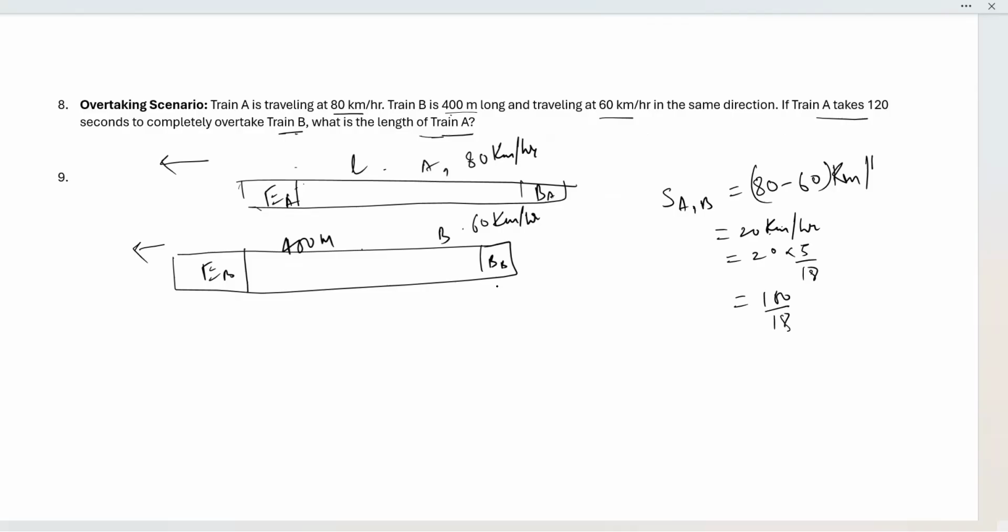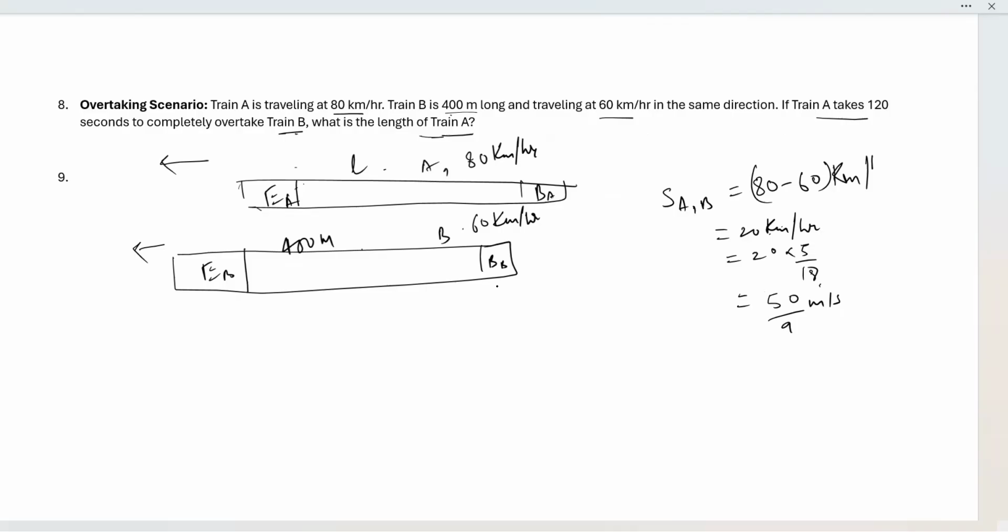I am not cancelling it because it will cancel out anyway, and the train length is also there. But anyways, we can cancel it. So let's reduce it to 50 by 9 meter per second.